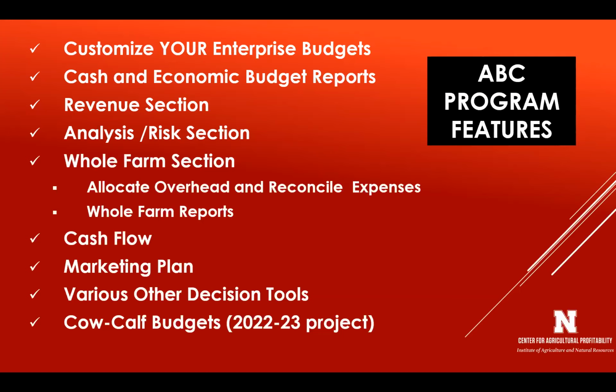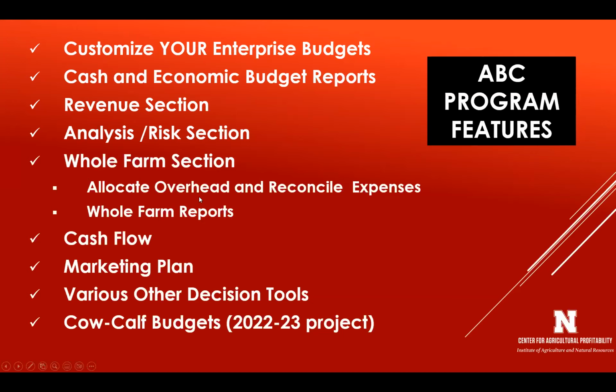And then when you want to, you can pull all your enterprises together into the whole farm section, and then work on from there to see what's my overall cost of corn production, and what does my overall net return look like if I put all of my enterprises together. So that's a really neat feature of the program.